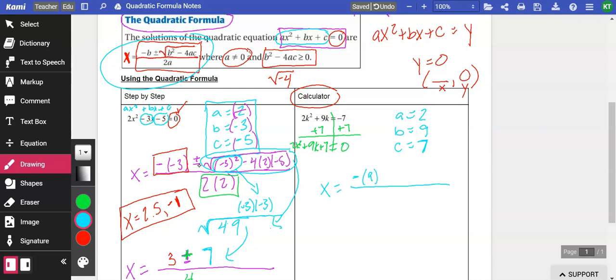Now remember, every time we're plugging these numbers in with parentheses, plus or minus the square root of b squared minus 4ac all over 2a.